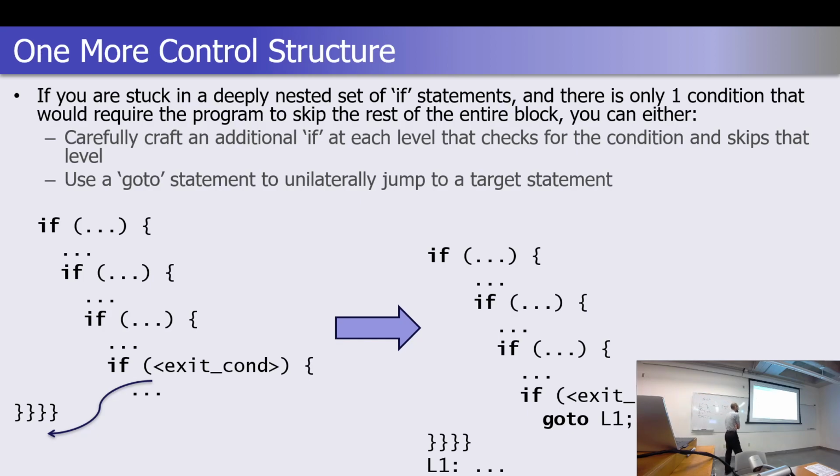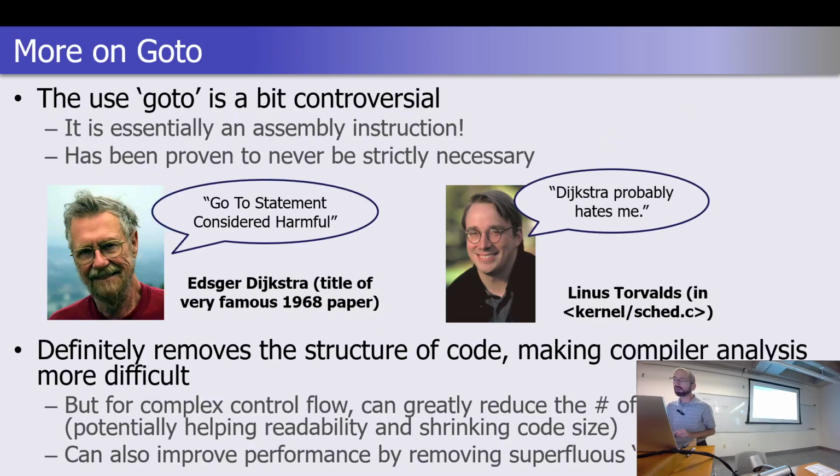I am introducing this just for a little bit of fun. It is very uncommon to see goto statements in programs anymore. It's a very low-level thing. It's literally transferring control arbitrarily from one line of code to another arbitrarily selected line of code. It makes the code very hard to read and understand, and it's a bit controversial. It's essentially an assembly instruction to say jump to this location.